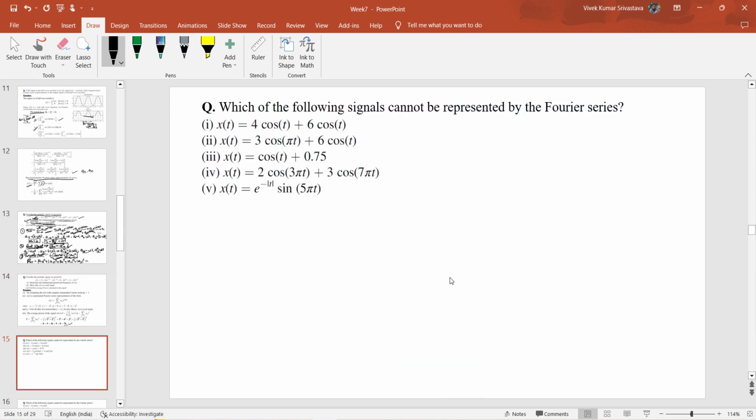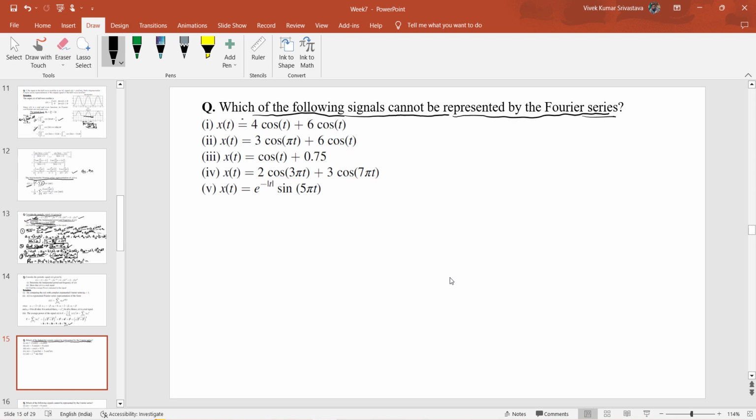Now moving to the next problem. Here we have to check which of the following signals we cannot represent in terms of Fourier series. Five signals are given to us, and we have to check which of these are not represented by a corresponding Fourier series.